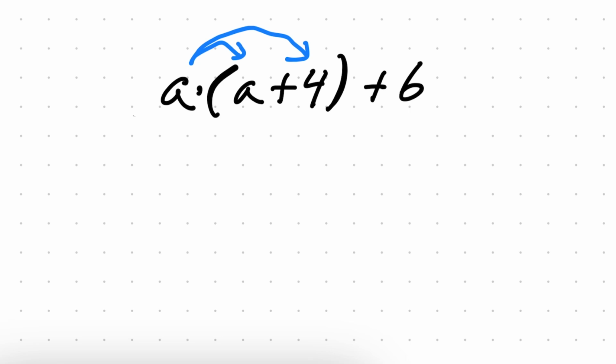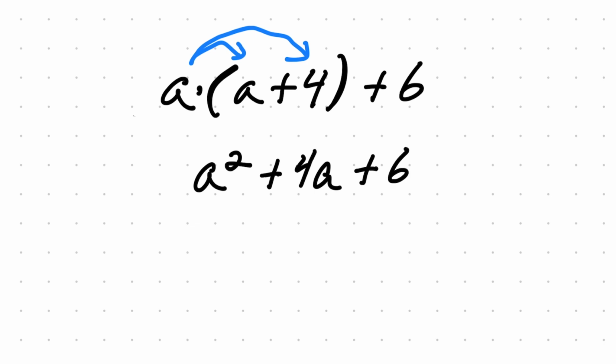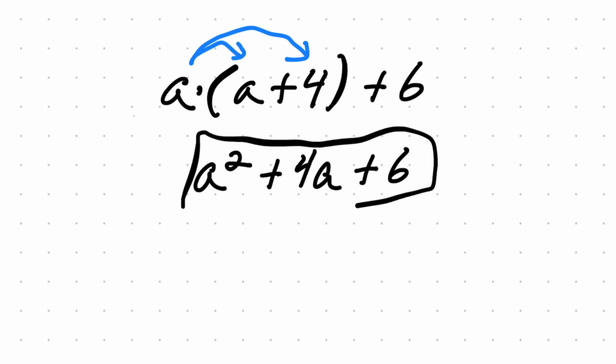So when you multiply a times a, it gives you a squared. The a times the 4 gives you plus 4a, and then you bring down the plus 6. So you cannot add any of those because none of those are like terms, and this would be your answer.